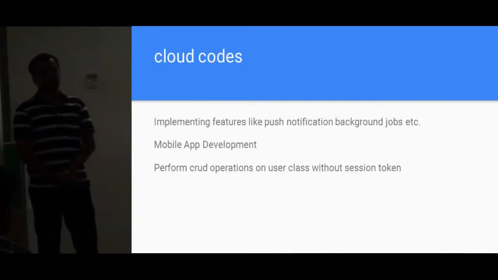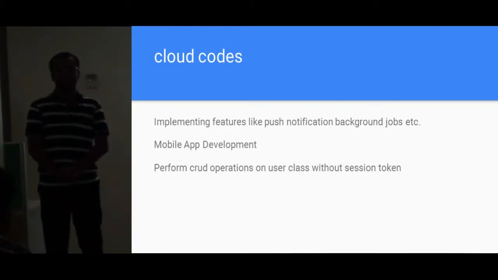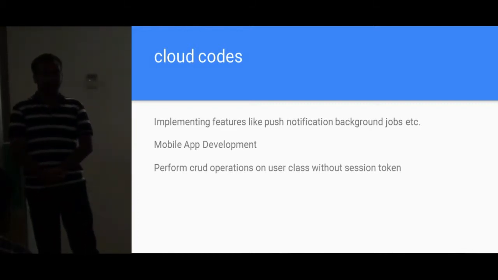Then cloud code. Cloud code is used for handling backend server-side code and implementing some features in Parse. It is mainly used in mobile app development. You are creating a mobile application that is running on cloud code. If you want to change some functionality of your mobile application, you need to change the native code in your mobile application and generate APIs.